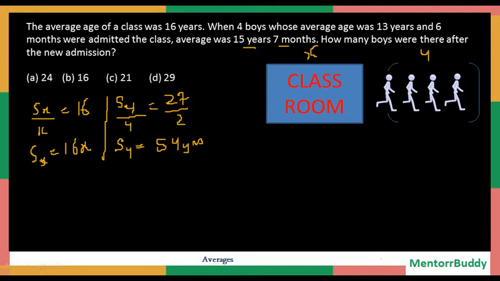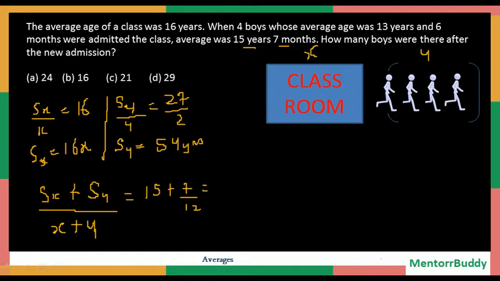Now the question says further, when these boys were added, the average becomes 15 years and 7 months. So summation of the ages of the X people who were initially present in the group plus summation of the new 4 boys divided by the new number of boys, that will be X initial boys plus 4 new boys, is equal to the new average, and new average is 15 years and 7 months, can be written as 15 plus 7 by 12.